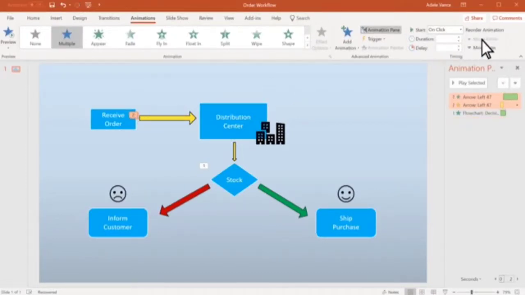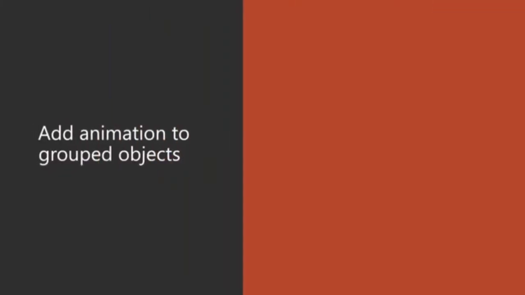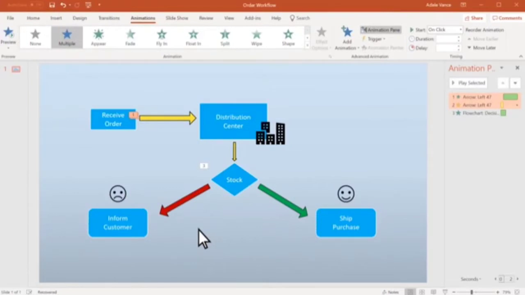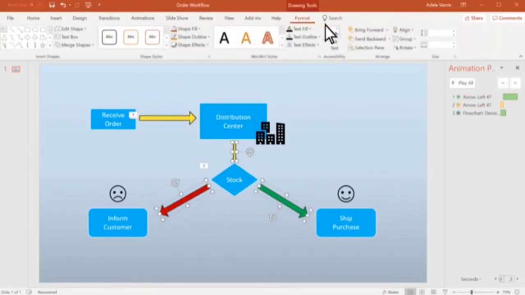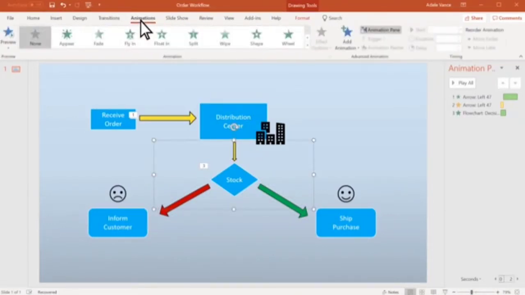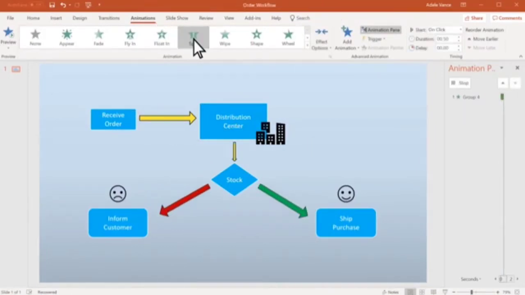Choose Move Earlier so it comes earlier in the sequence, or Move Later to have it occur later. If you'd like to add an animation to a group of objects, press Ctrl and select them. Then select Format, Group, Group to group them together. Then select Animations and choose one.